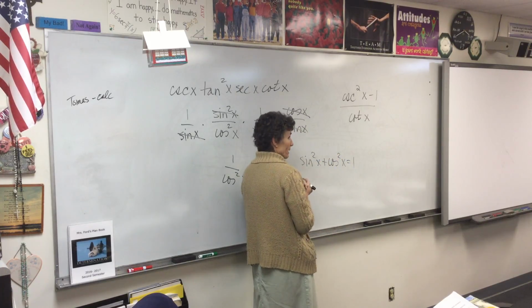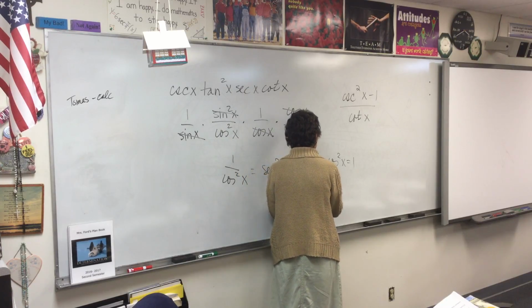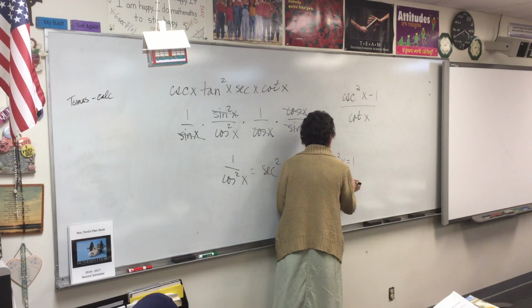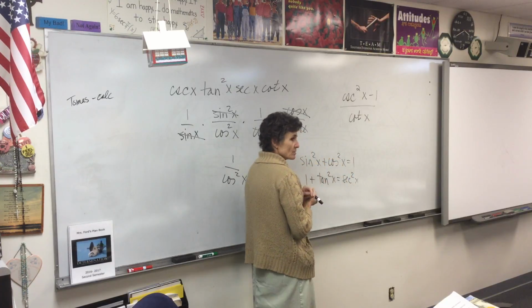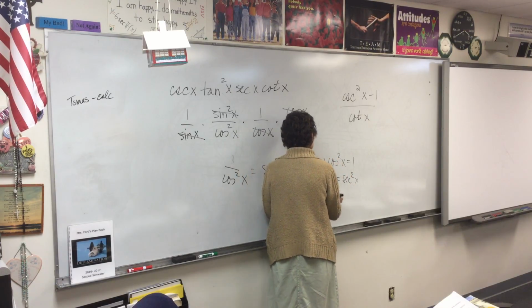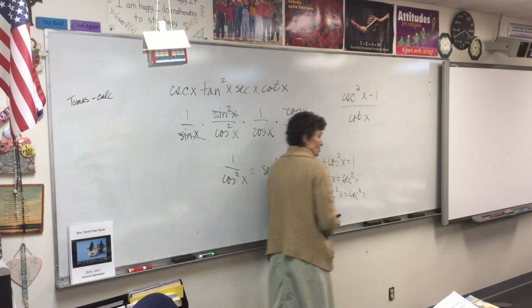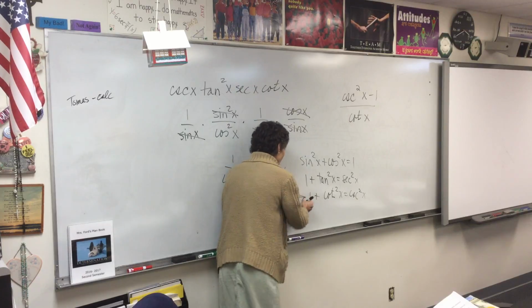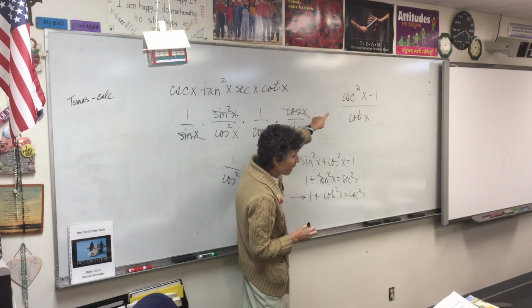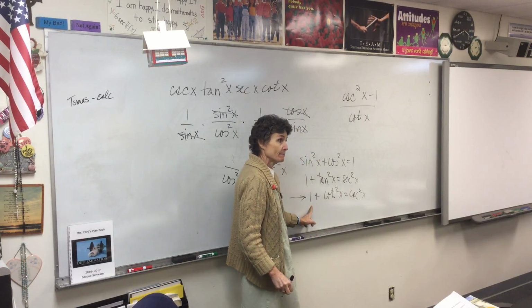That's probably not the one I'm going to be using. There's one that says 1 plus tangent squared is secant squared. I'm not using that one either. But there's one that says 1 plus cotangent squared is cosecant squared. That's the one I'm going to use because my problem has a cosecant squared and a 1 in it.